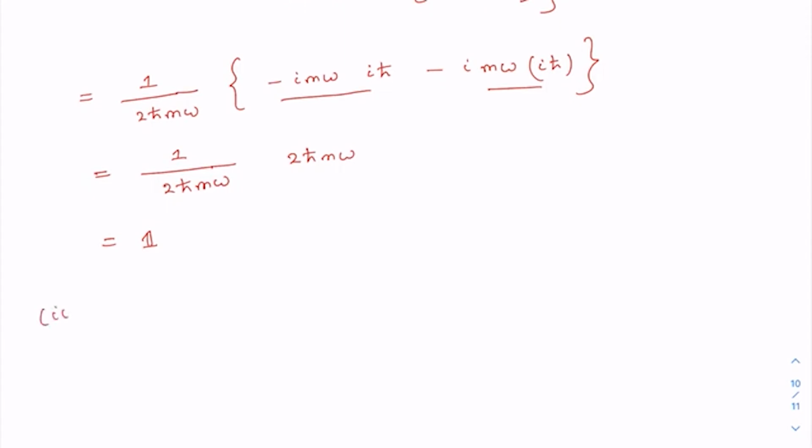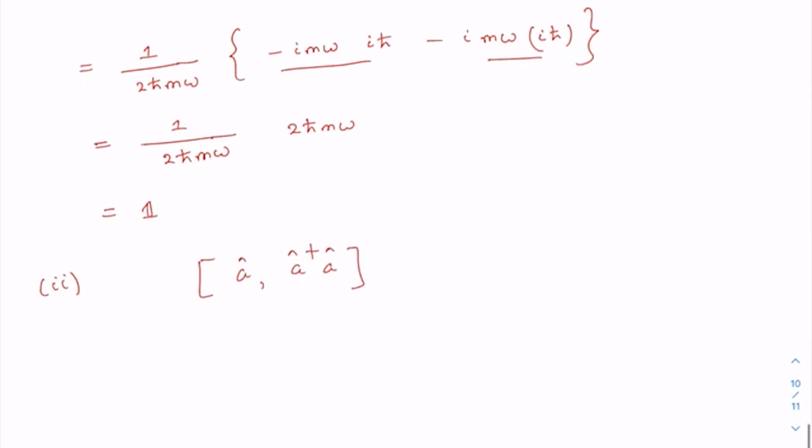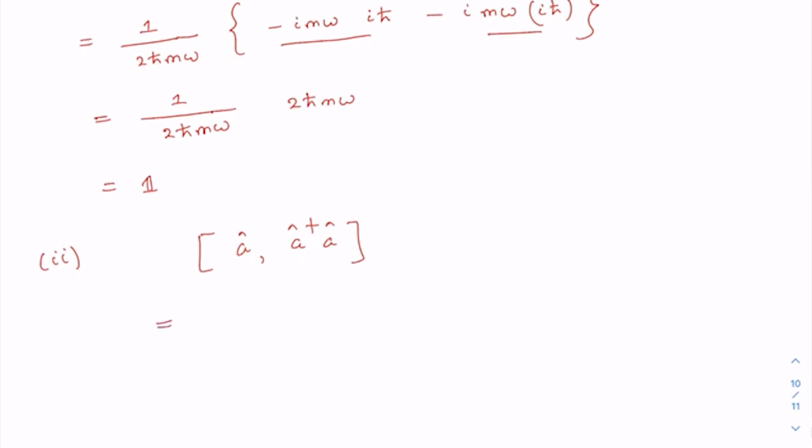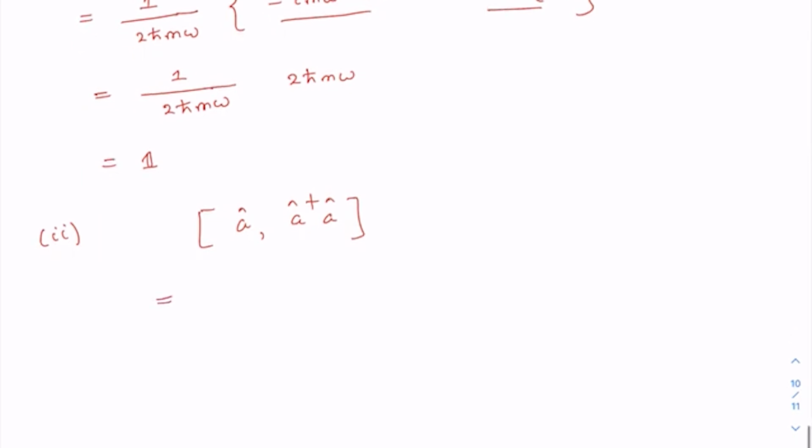Second one, second relation, you have to prove [A, A dagger] A. These are very trivial, but only for those who may not be familiar, I am doing this problem for them only.